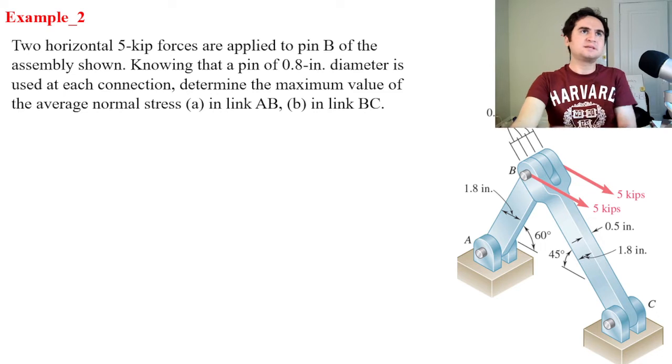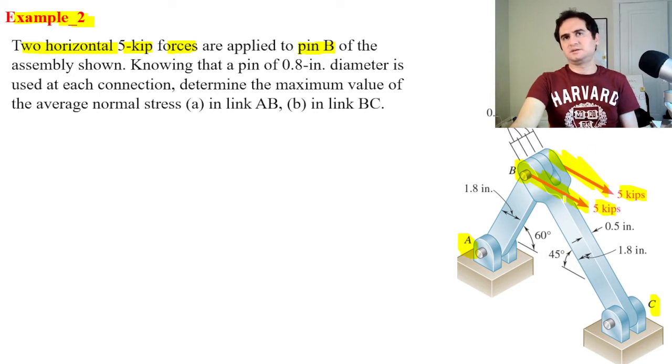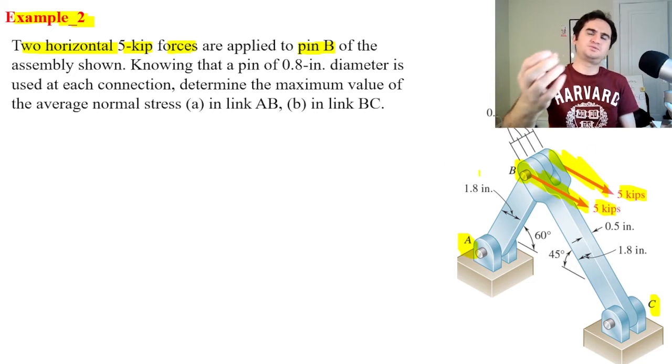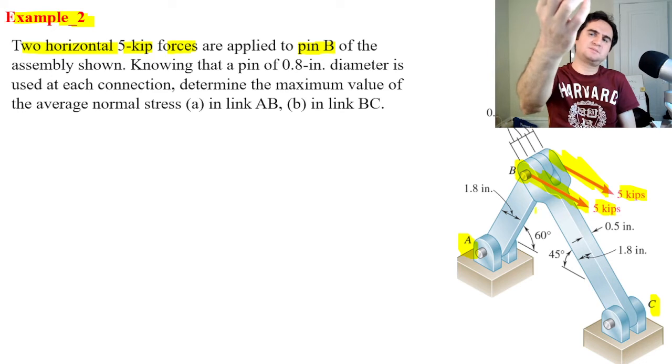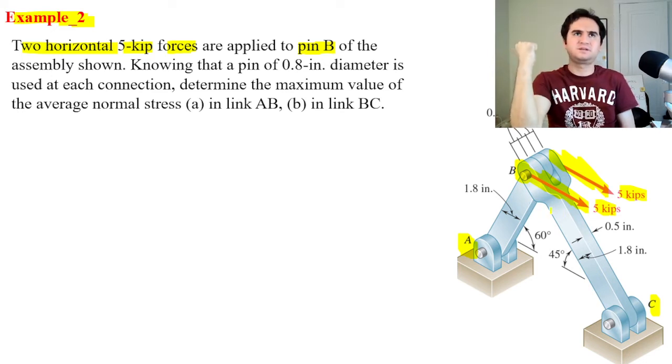In our second example, you can see two horizontal 5 kilopound forces applied to pin B. This is pin B connecting the two links of AB and CD, and the two 5 kilopound forces drag the pin B all the way to the right.